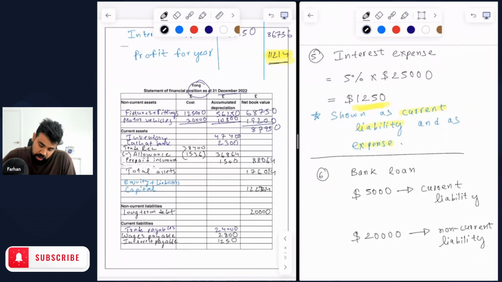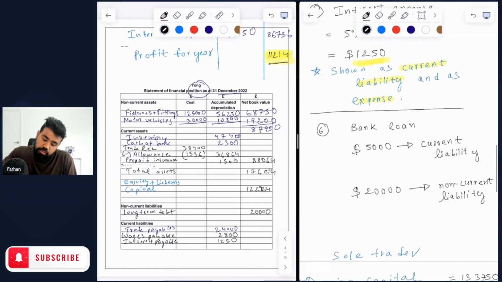Okay. And then you also have the current liability portion for the bank loan, which is 5,000. So you can write short-term loan, or you can write current liability portion of the bank loan. I don't have enough space, but I'm just going to write it anyway.